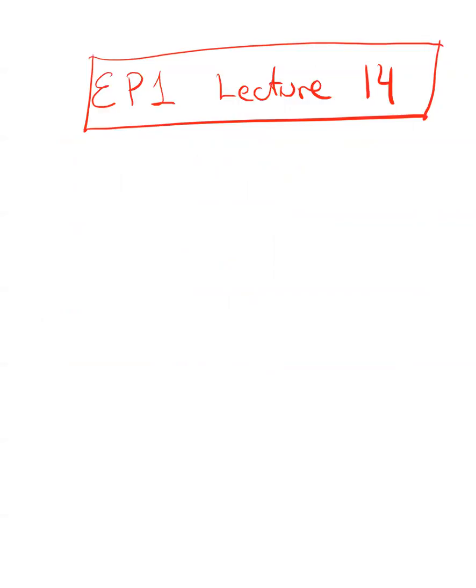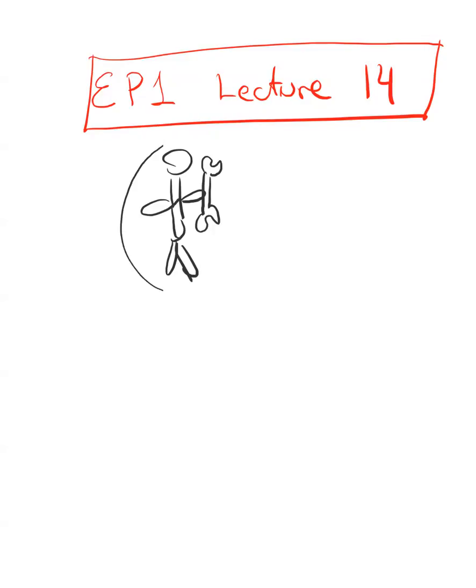On slide number 4, I have this simple example of an astronaut floating in space. This astronaut is holding, let's say, a wrench. And let's say initially this astronaut and this wrench are stationary. So with respect to our reference frame, they're not moving.